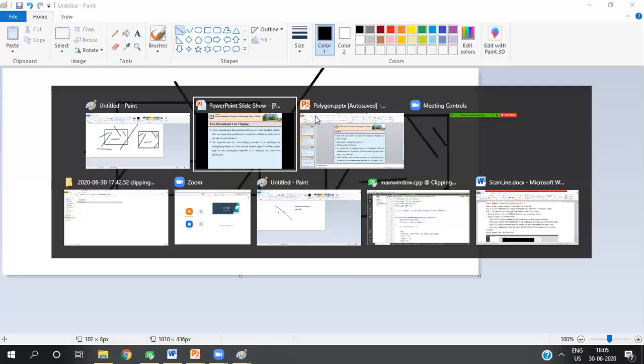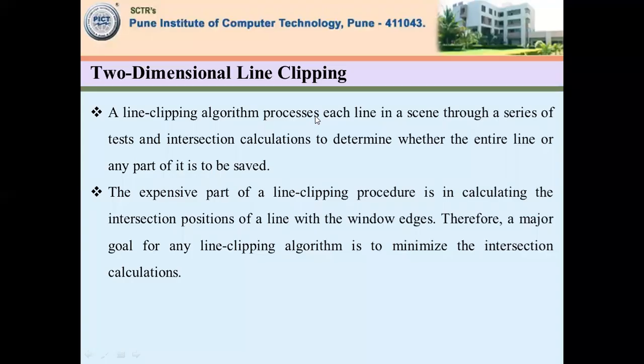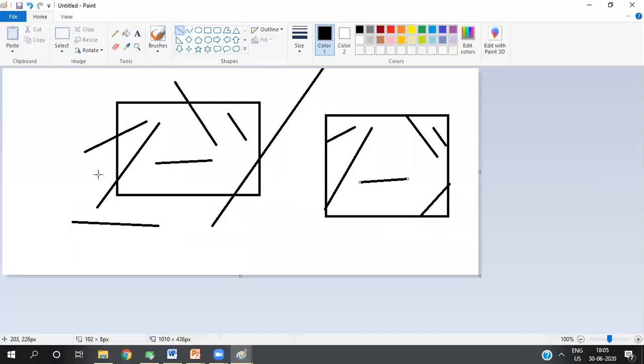We are going to see this concept with the help of an algorithm. The expensive part of a line clipping procedure is calculating the intersection points. What do you mean by intersection points? If you observe over here, the line is intersecting with the window edge. Here as well, the line is intersecting with the window edge.